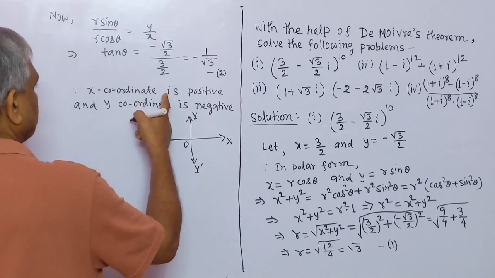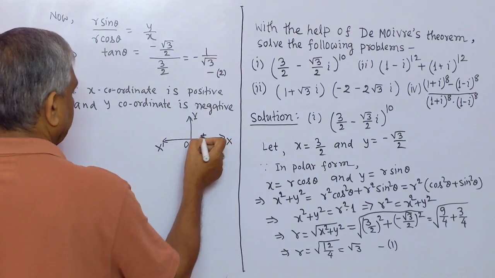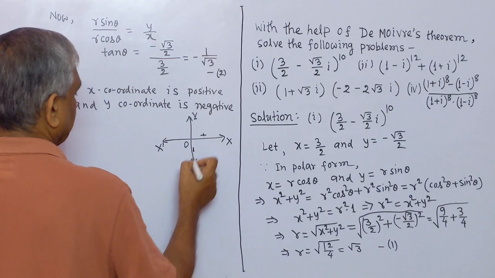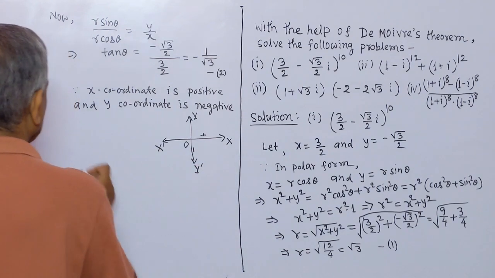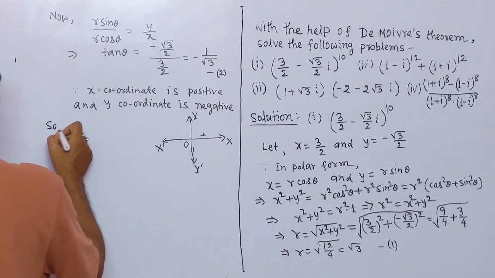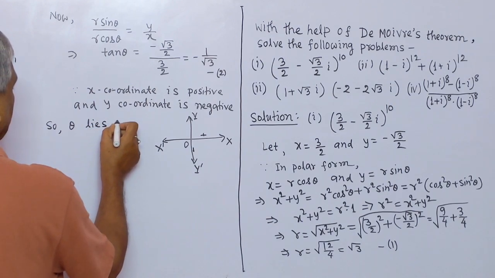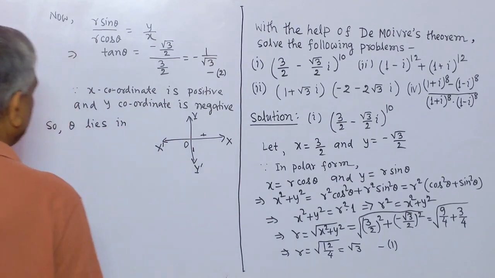So here the x coordinate is positive and the y coordinate is negative, so theta lies in the 4th quadrant.